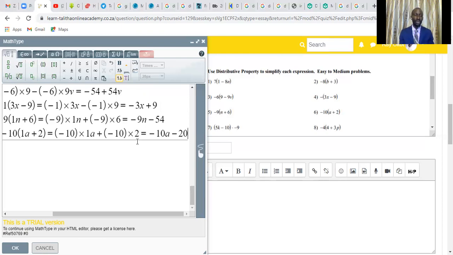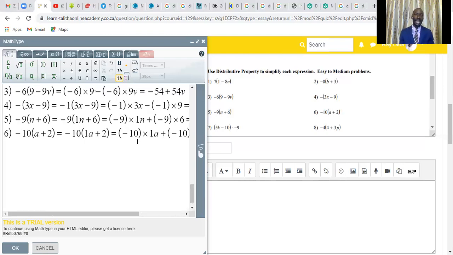Now the next thing we want to look at is question 7. Well, question 7 is a little bit expanded. Let's see how to write it. So question 7, we do have the quantity 5k minus 10.